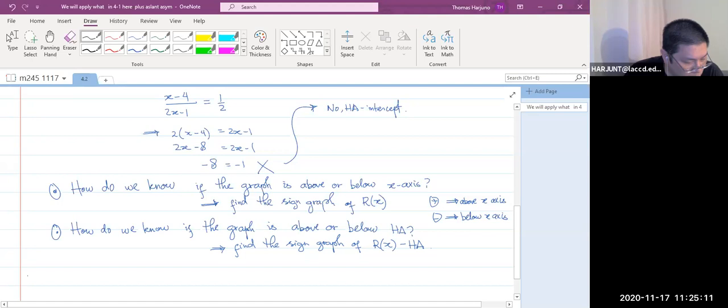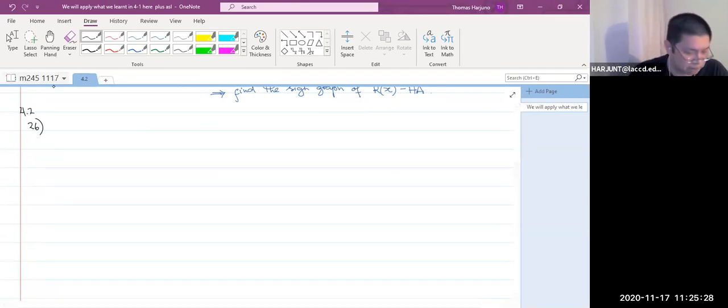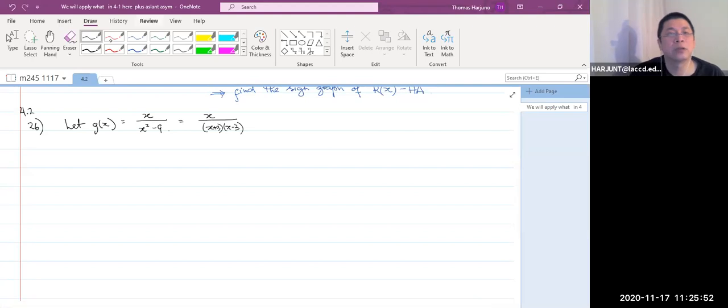Let's say I work on question number 26 on 4.2. I will do plenty of problems from this section. Let g(x) be x over x squared minus 9. I will factor it. This is x over (x plus 3)(x minus 3). Actually, let me put a side note.